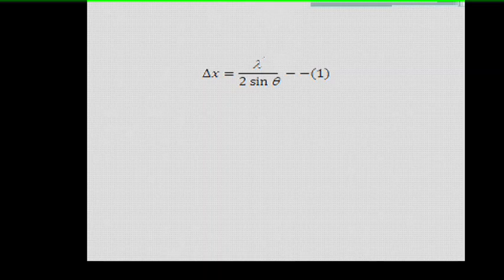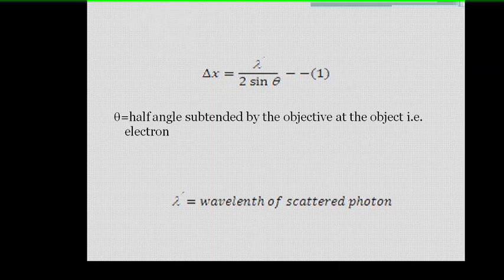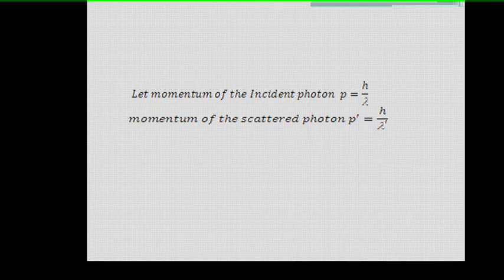Now, let P be the gain of momentum by the electron in the direction of recoil, where theta is the half angle subtended by the objective at the object, that is the electron, and lambda dash is the wavelength of the scattered photon. As we have seen along with the figure, the momentum of the incident photon P is equal to h by lambda.